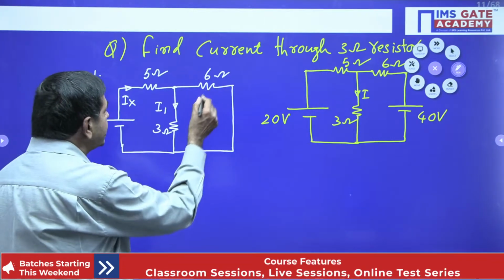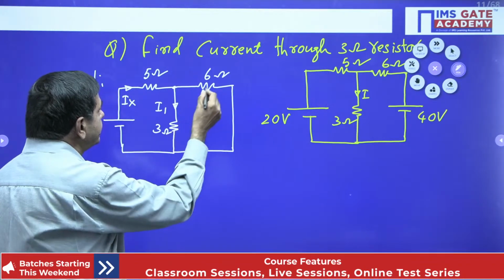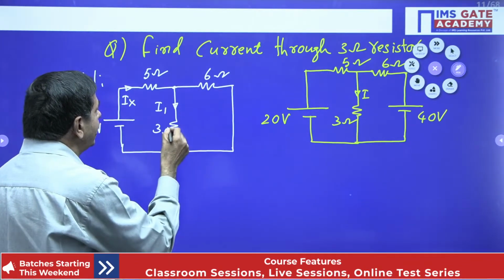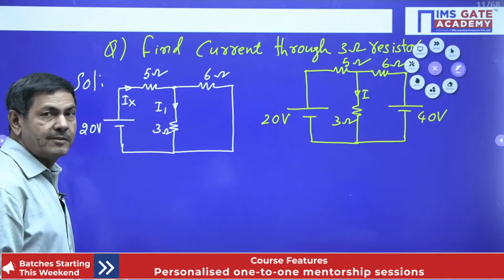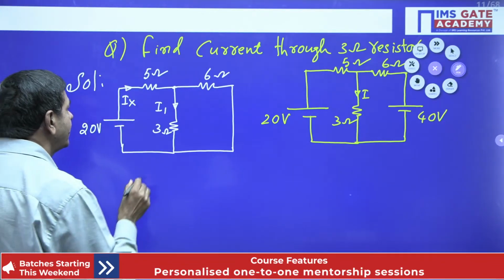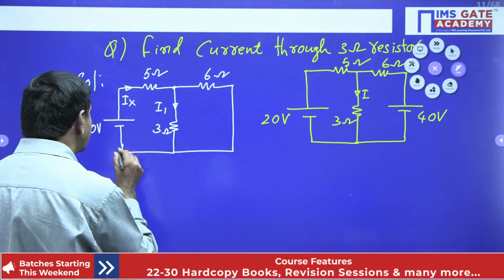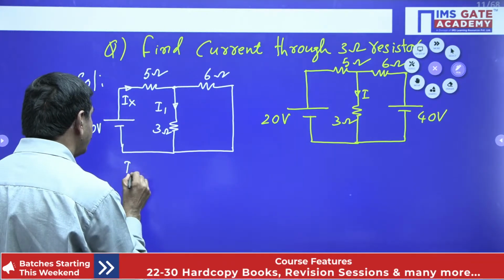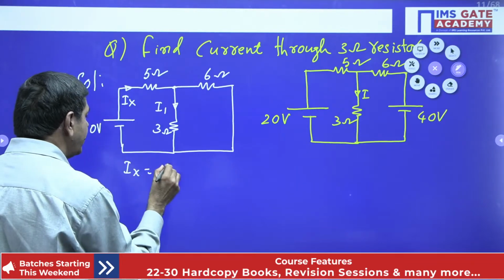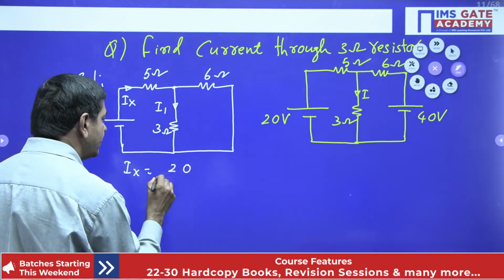The 6 ohms and 3 ohms are in parallel, and in series with 5 ohms. So Ix is nothing but the voltage, 20 volts, divided by the resistance.